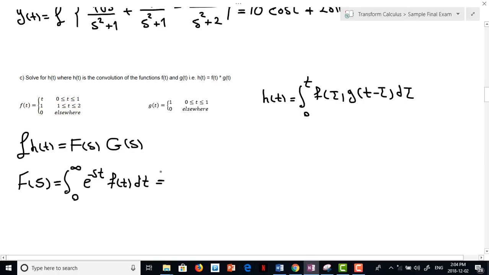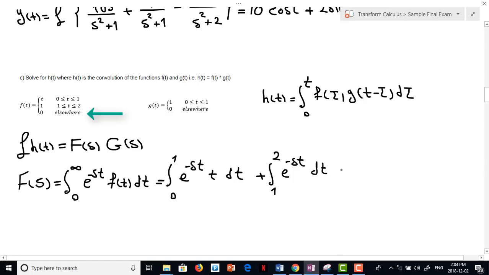So it's equal to, I have to split the integral, so the integral from 0 to 1 of e to the power of minus st times f(t) which is equal to t dt, plus the integral from 1 to 2 of e to the power of minus st times f(t) which is equal to 1 dt, and the rest is equal to 0.